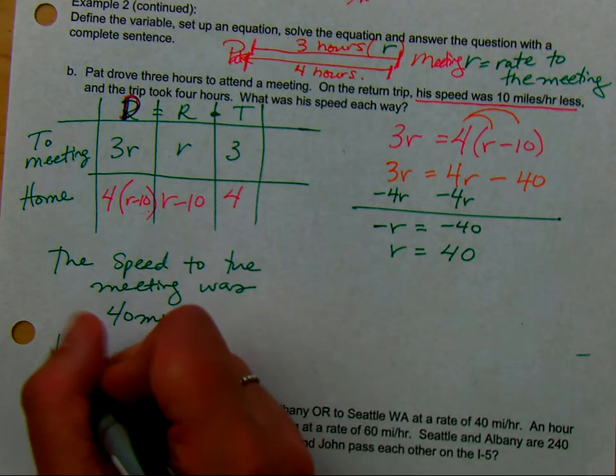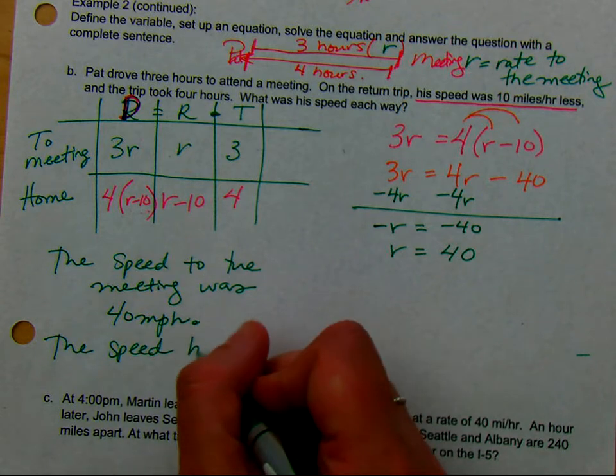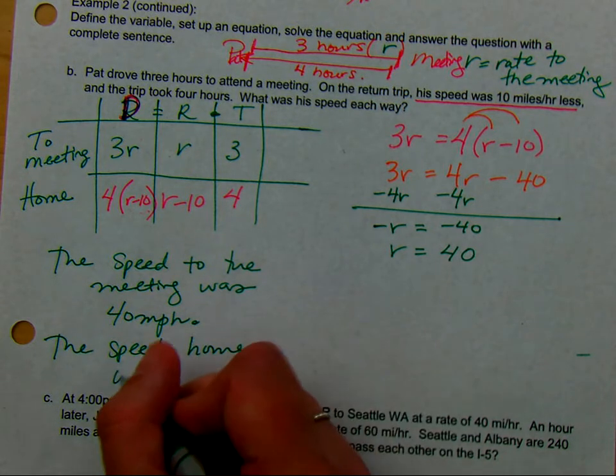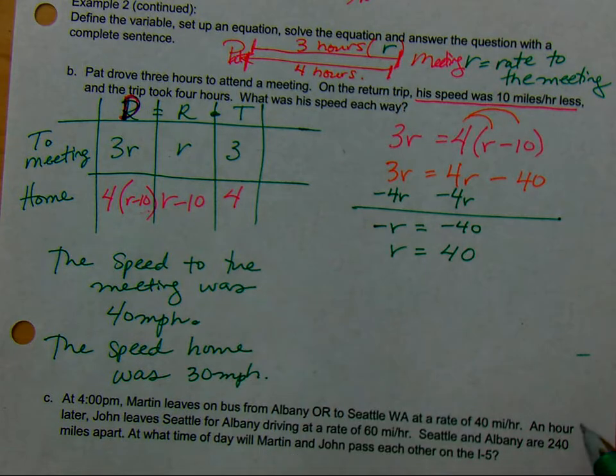What's the speed home? And how'd you get 30? Yes, the speed home was 30 miles per hour. I wonder if we could figure out the distance from Pat's home, or wherever Pat was. I don't know if he was home. Can we figure out how far away Pat was from the meeting?